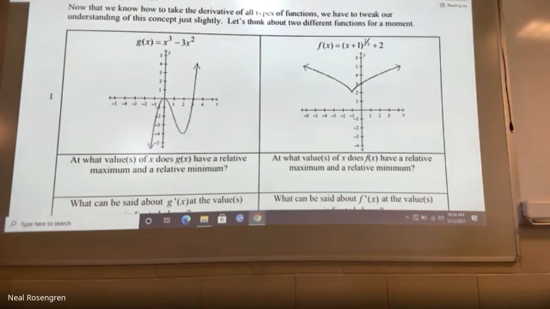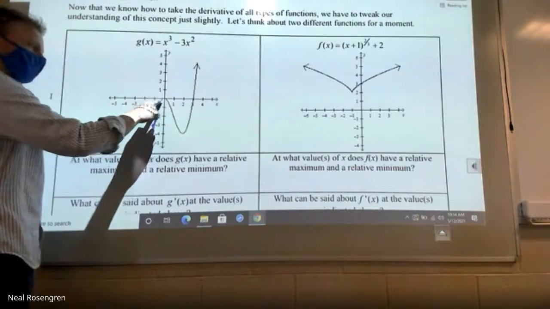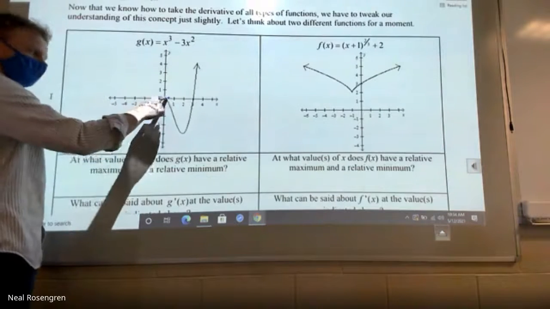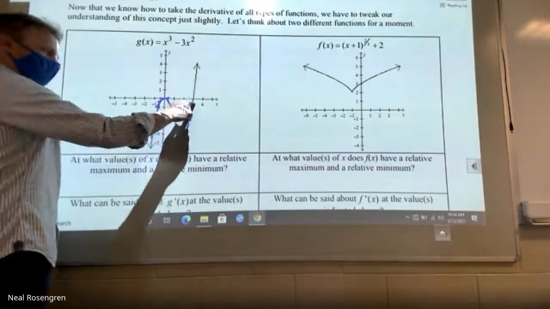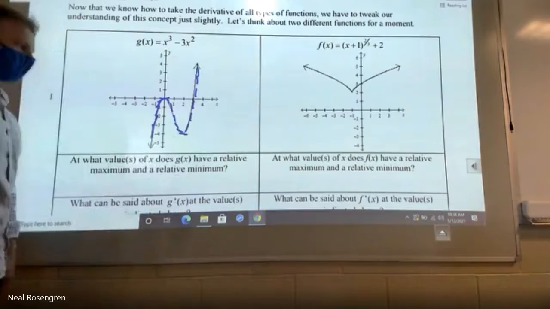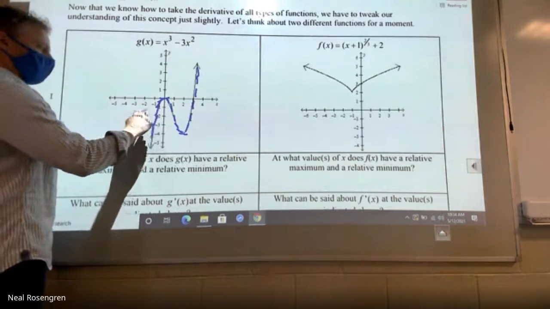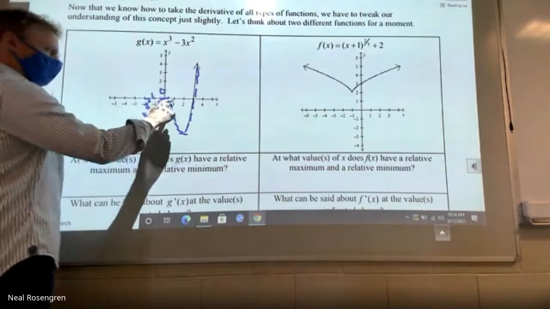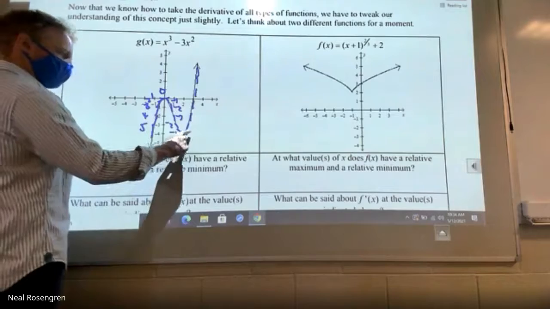And we've had this conversation from time to time, but not a whole lot, about what is happening as we approach a relative max or a relative min with the value of the first derivative. It goes, like you said, 5, 4, 3, 2, 1, 0, -1, -2, -3, -2, -1, 0, 1, 2, 3.